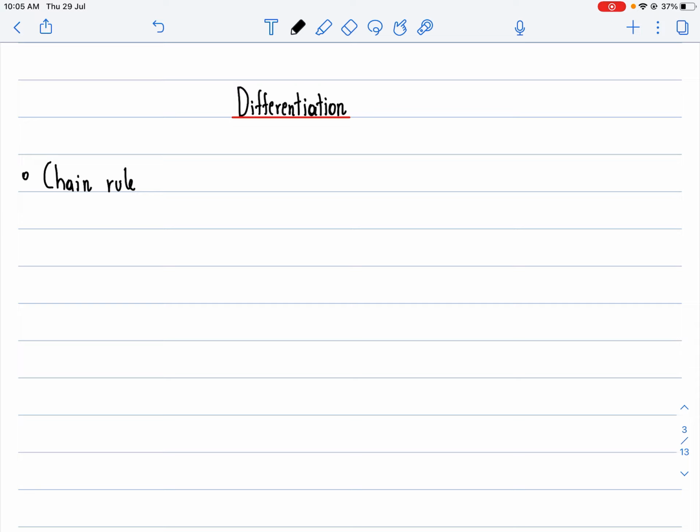of chain rule. So let's say I have something like f of g of x. This is the function which I have, and I'm asked to differentiate something like this. The differentiation for something like this is first the differentiation of f, which is the outer function. So I'll get f dash, which will be multiplied by the normal function, which is g of x.